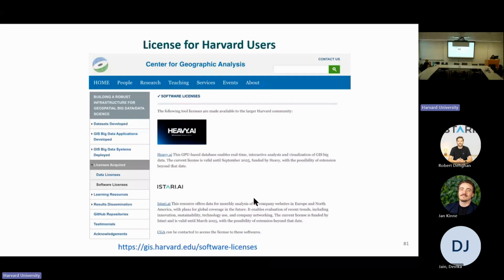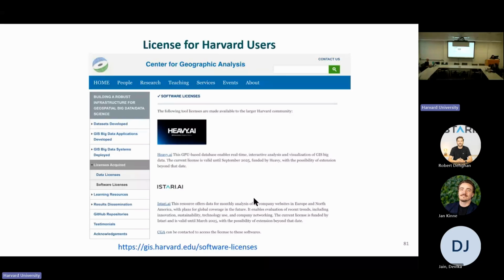And finally, I think this is a very important part. I hope you loved what was described today and the use cases. So a natural question is how you can start using this data set, or how you can get real hands-on access to the data. I have provided a link to the website. The details are on our website. If you go to this page, you will see a section called licenses, and under licenses you will see software licenses, and there you find Istari, and we provide the link to the company webpage and all the details of what the company provides.